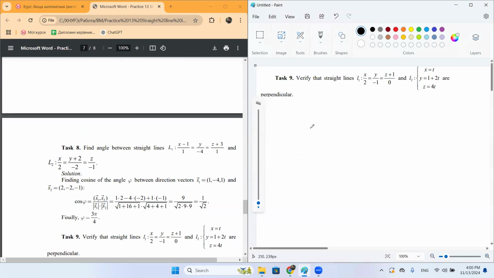Basically, it means that direction vectors are perpendicular. Okay, so the first direction vector, which coordinates does it have? Daniel? 2, minus 1 and 0. Okay, 2, minus 1, 0. And for the second?